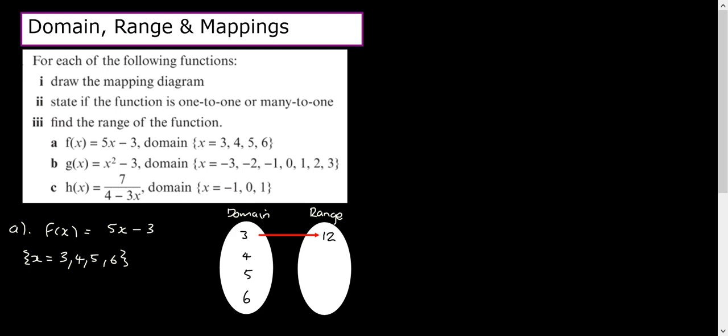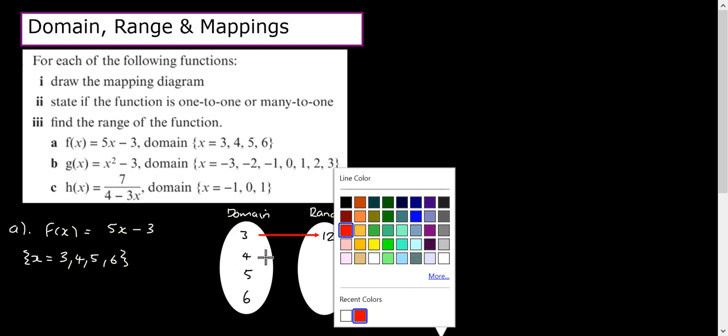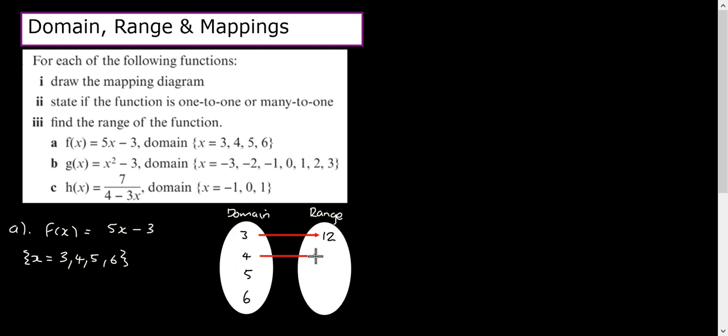Let's do the same thing for x equals 4. We'll substitute x equals 4 in. 5 times 4 minus 3 gives us 17. And again, we'll do the same thing for 5. We get 22, the same thing for 6, and we get 27.